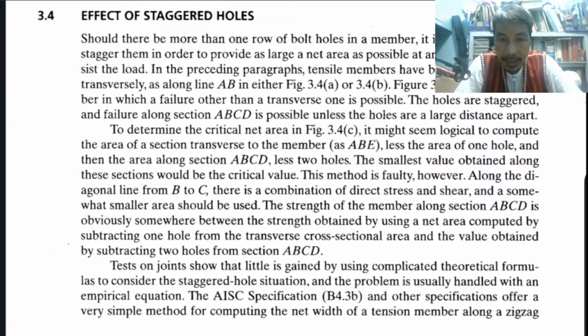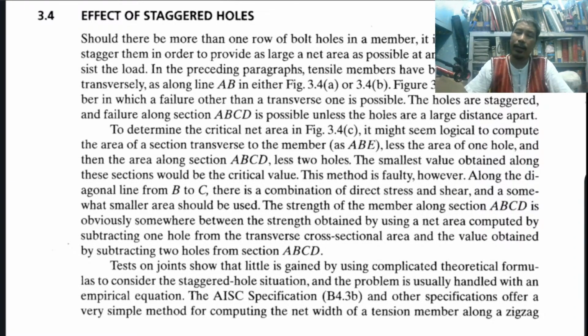So the shortest path, the smallest value of the cross-sectional area that would resist the load, that is what we call the critical path, critical value. Take note, critical value, critical path, that is the shortest line.